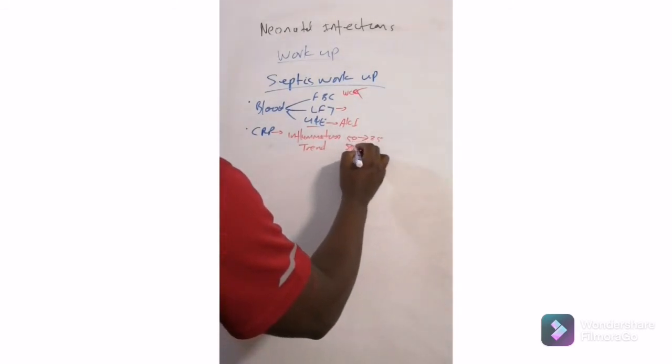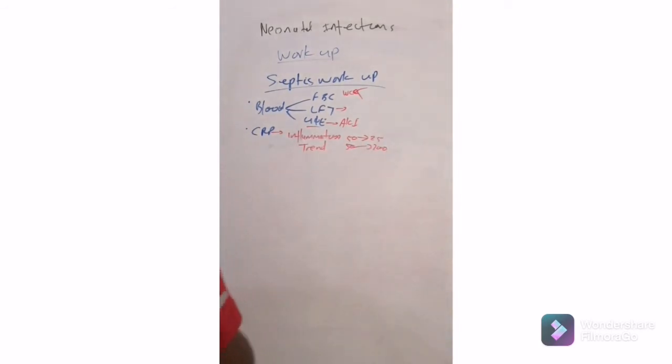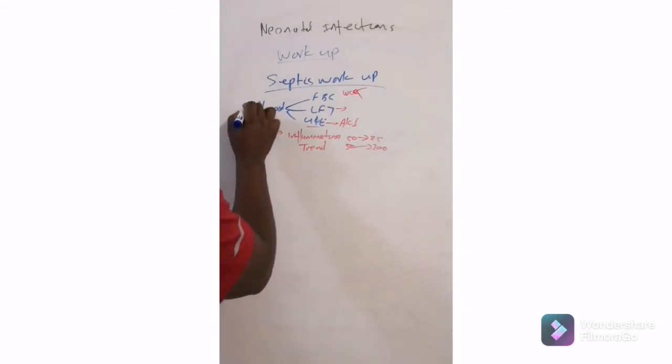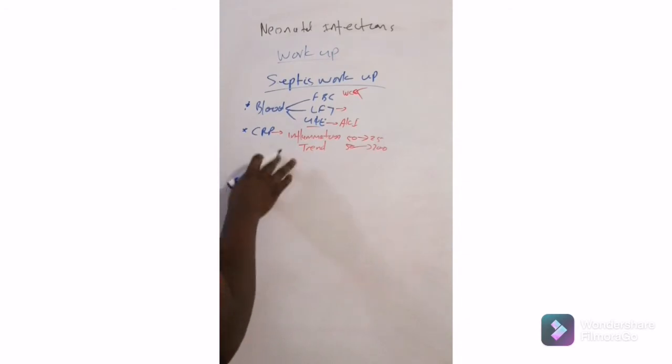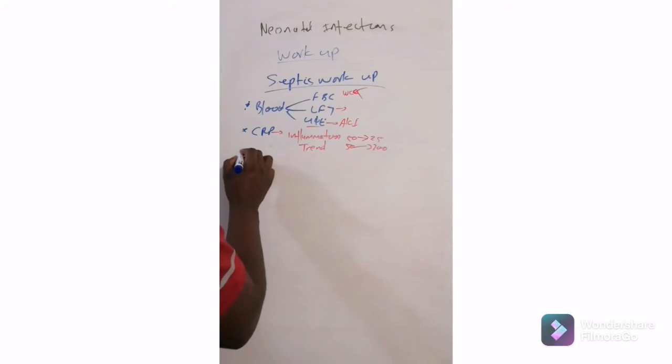But if instead of being 50, the next time you check it it's 200, you know that you're losing the battle there. So it's just a tool to monitor, not really to diagnose infection. Because whatever inflammatory condition you might have, CRP will be high.